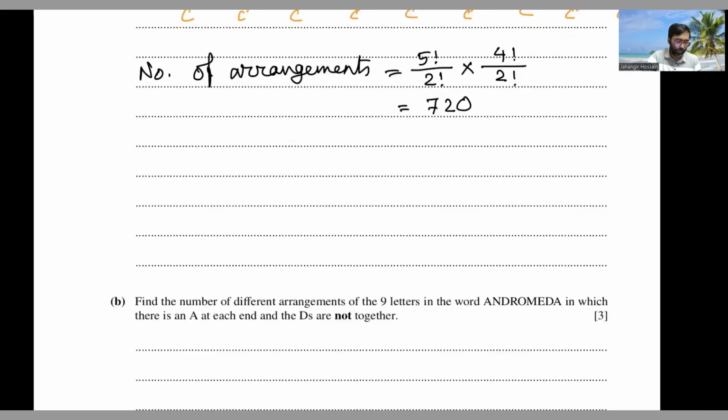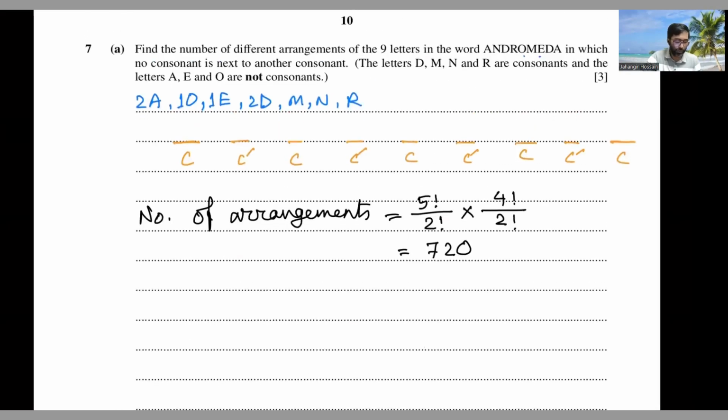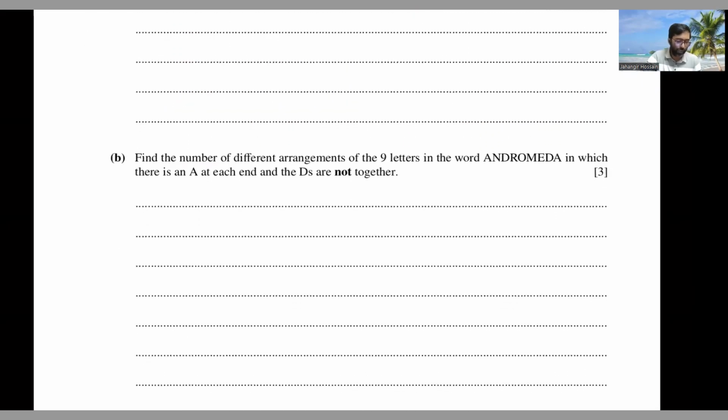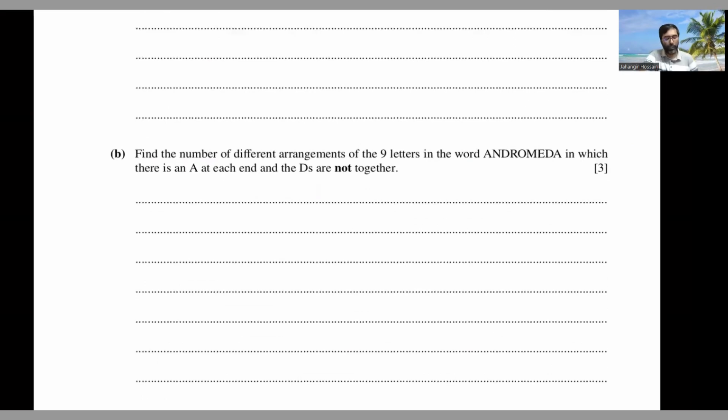Then in the next part, find the number of different arrangements of the 9 letters in the word Andromeda, in which there is an A at each end, and the D's are not together.